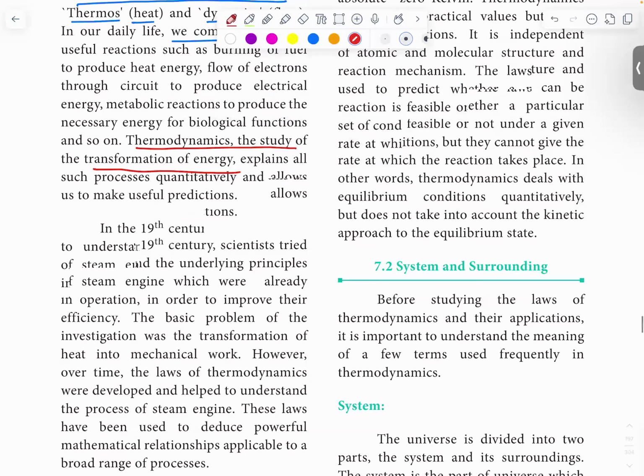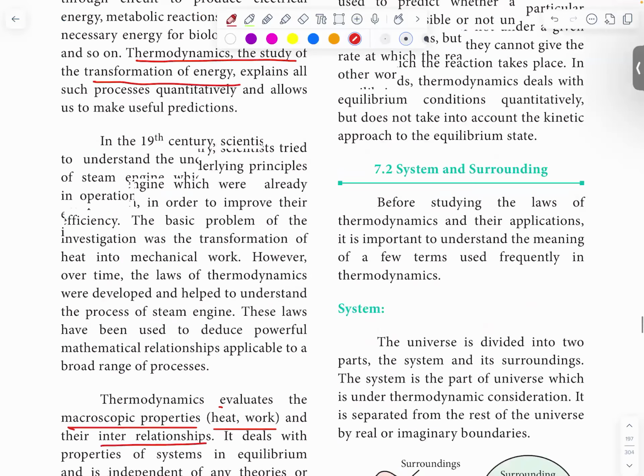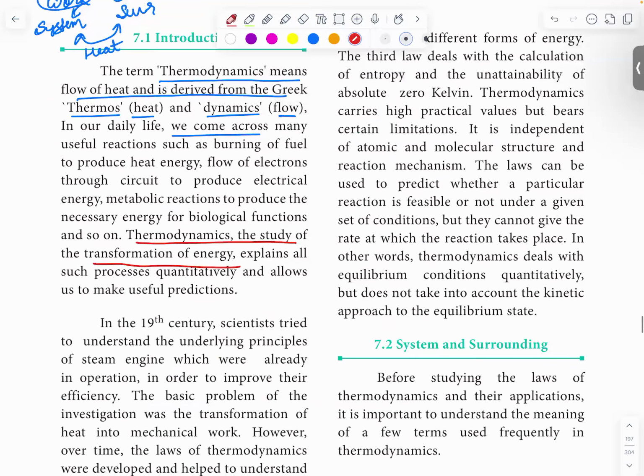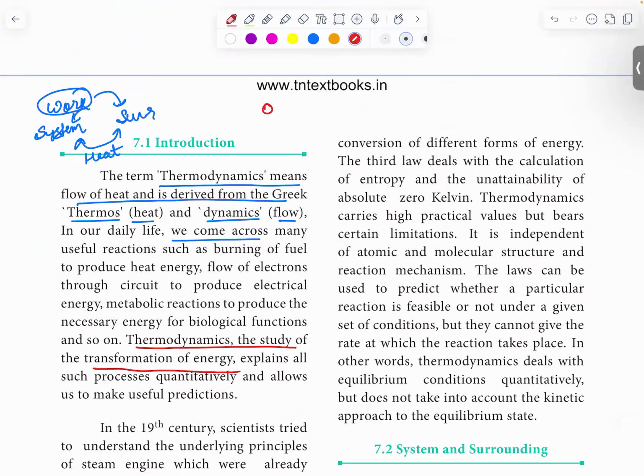Macroscopic properties means we are assuming that the properties are defined for the matter in bulk and not for the individual atoms at the microscopic level. We are always concerned with the whole matter, that is, the aggregate of the matter in bulk.